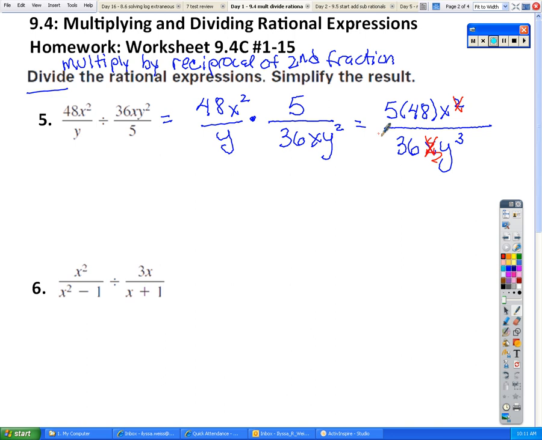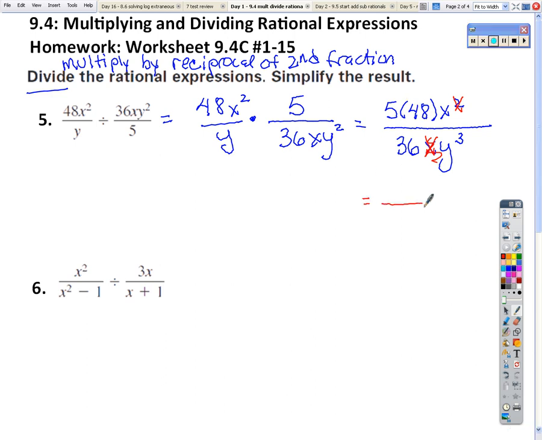They can both divide by 12. So if I divide a 12 out of each of these, I'm left with 3 and 4. So now my final answer is 5 times 4x all over 3y to the third.